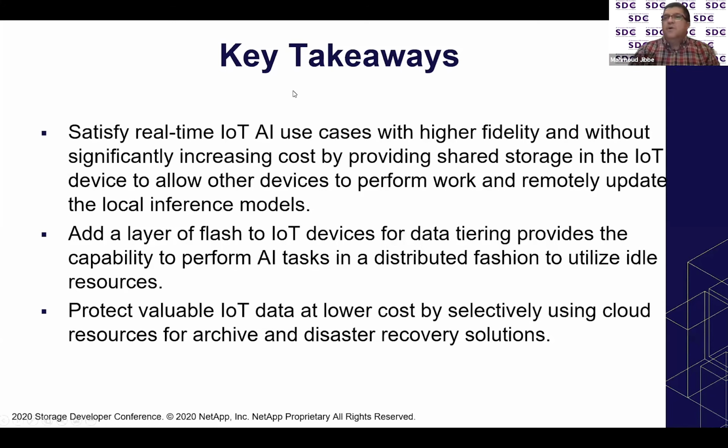That is a more effective use of the resources that the user has, and also allows remotely updating the local inference models. Also, instead of saving memory, we added a layer of flash to the IoT devices for data tiering, and also provided the capability so that we can perform AI tasks in a very distributed fashion.